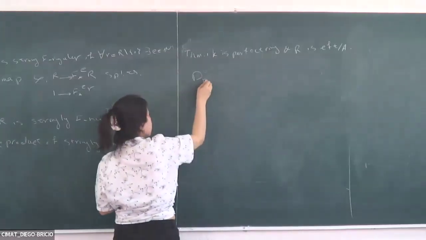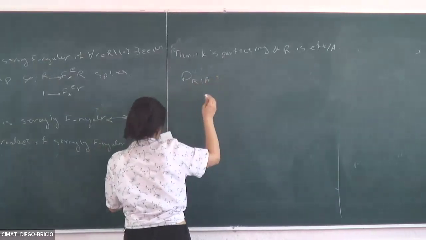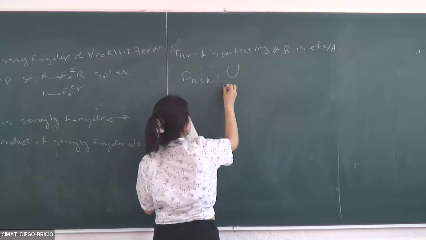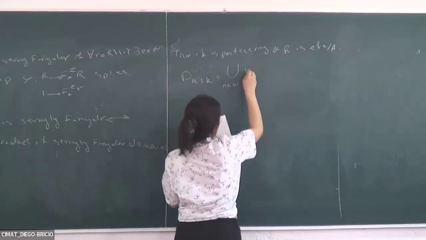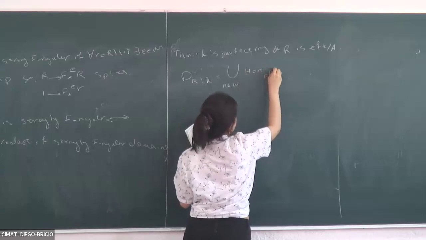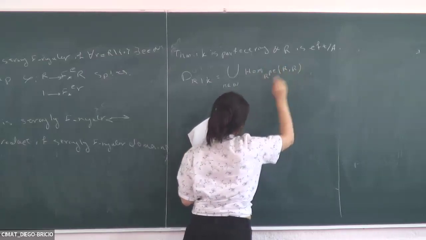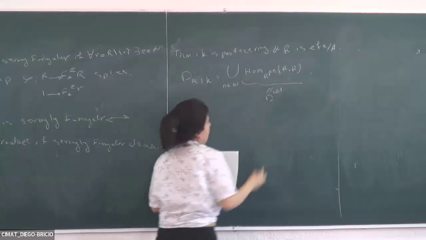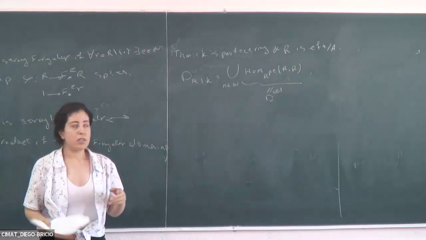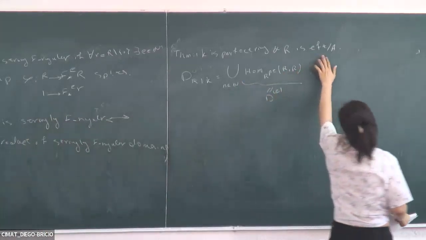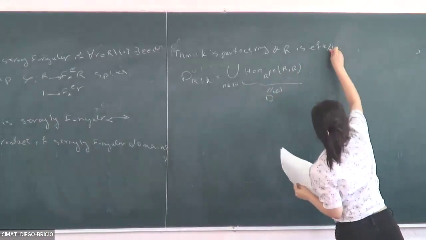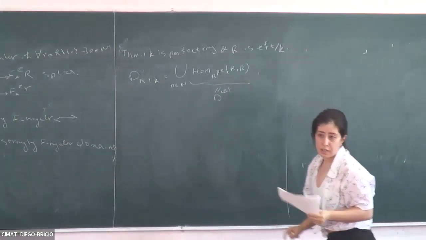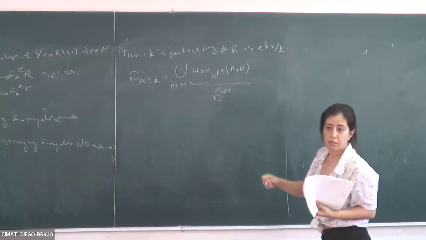Then the ring of differential operators is the union of the rings of differential operators of each order. We denote this homomorphism by D, and if you remember, I said that if R is essentially of finite type, then this module should be finitely generated. So D is finitely generated.